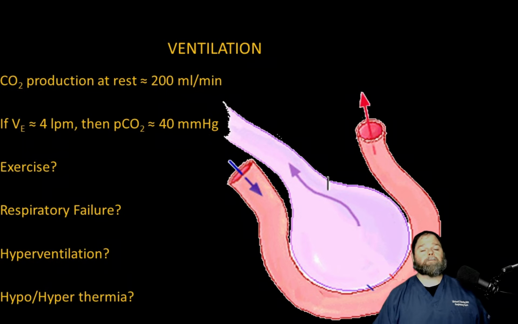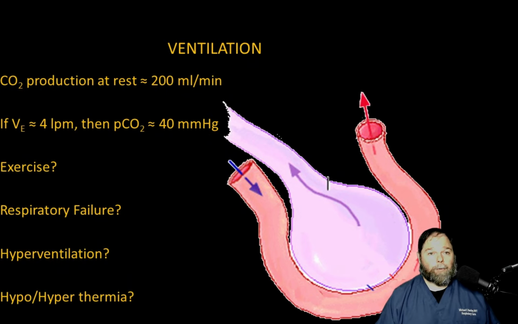Where you get into trouble is folks who are in respiratory failure. So take somebody who has like COPD, for example, and they have chronic respiratory failure, and they exert themselves for whatever reason. Then what happens is now you get what they call acute on chronic respiratory failure, where now that patient has exceeded his normal limits of ventilation.